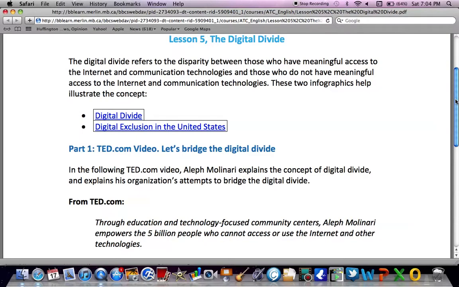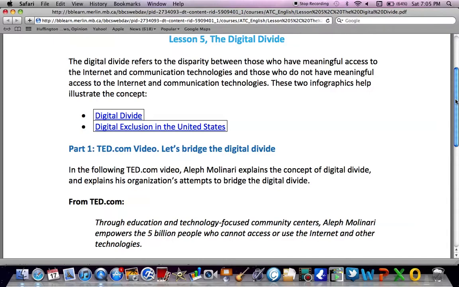So devices to access the internet cost money, and internet access itself costs money. So the people who have the money to afford the devices and afford the access really have an advantage over people who don't have the money to afford the devices or afford the access.